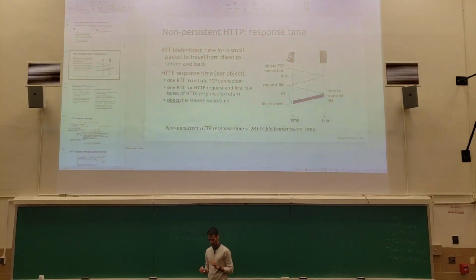And then there's one more round trip that I advised you to think of as simply the time required to fetch the first byte of the response. So the first portion of this blue response is at least one more round trip, because the request has to go in, and the first byte of the response has to come back. The longer the response, the more transmission delay you're going to incur.